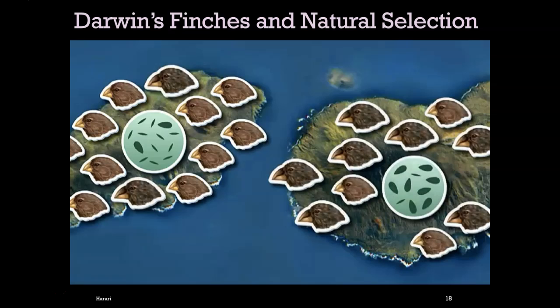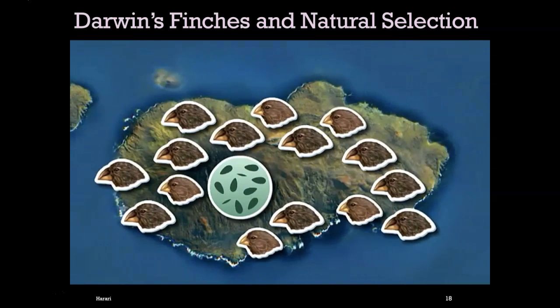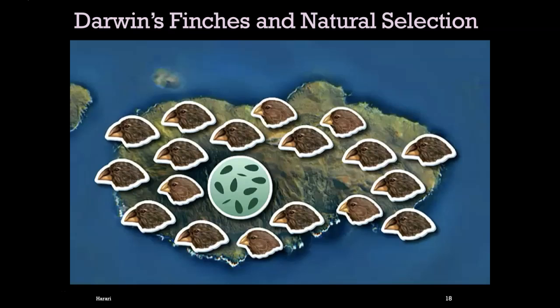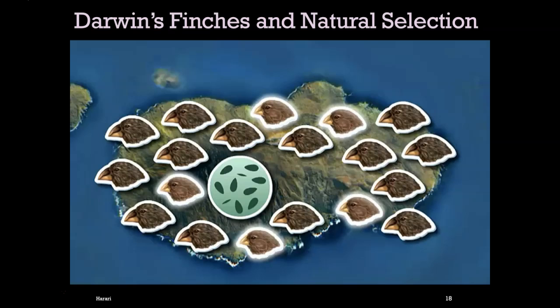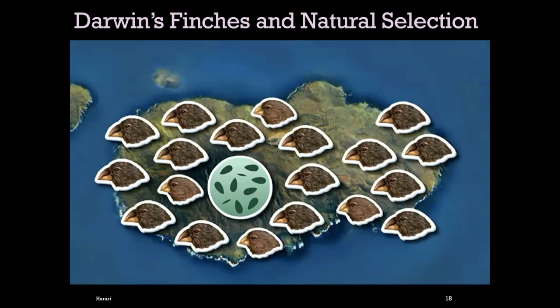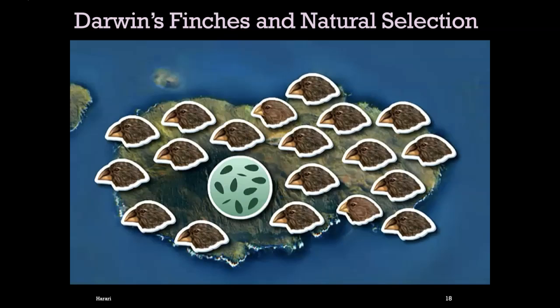Darwin hypothesized that the food supply influenced the characteristics of the bird populations. The birds that are able to gather seeds most effectively are more likely to survive and reproduce, passing their traits to the next generation. This reproductive success is referred to as fitness. Birds that can't feed on the food supply as effectively are less likely to survive and reproduce. Over time, the favorable beak shapes become more common in the population.